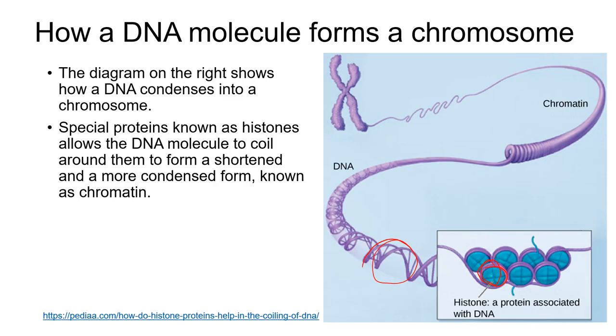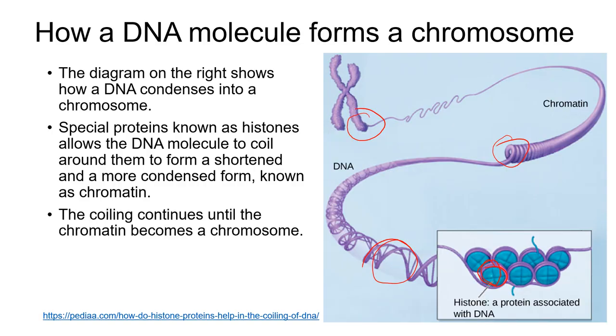This DNA will coil around histones, and these histones will continue to coil until it reaches a second form of coiling, and this is known as chromatin. The chromatin will continue to coil and condense to form a very thick structure, and therefore this is called a chromosome.